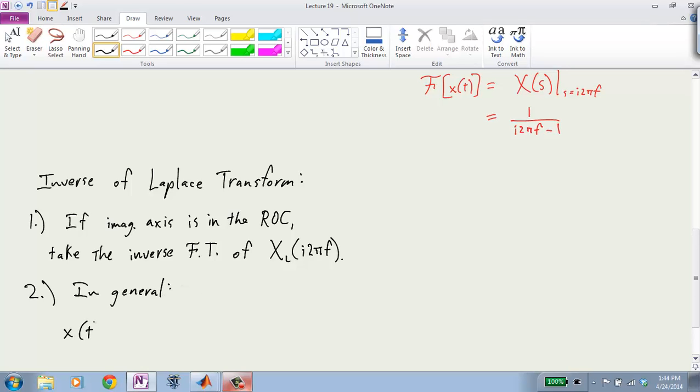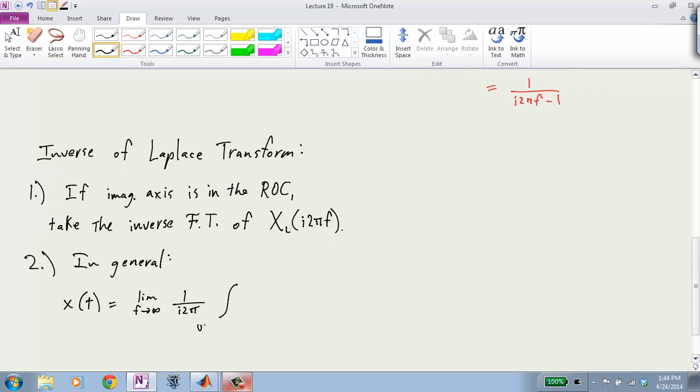So x of t is the limit as f goes to infinity of 1 over i 2 pi times the integral of your Laplace transform times e to the st. In some ways, it's just like the inverse Fourier transform, but the weird thing here is x of s, the domain of this, is the complex plane.